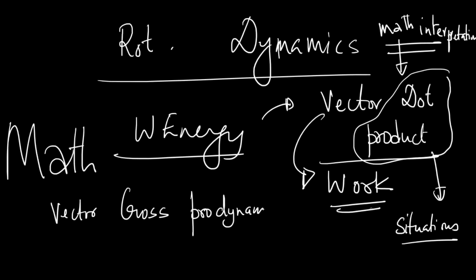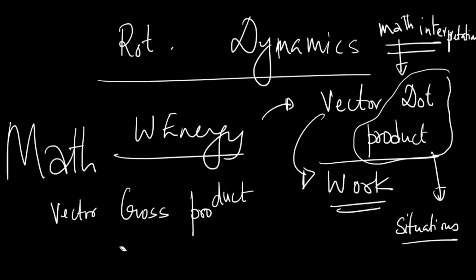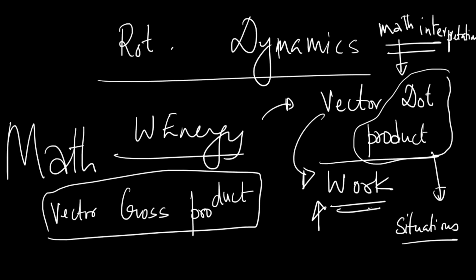But one thing I can tell you quickly about the vector cross product is that the math that we learn helps us. I think this point I want to highlight before we get into this.